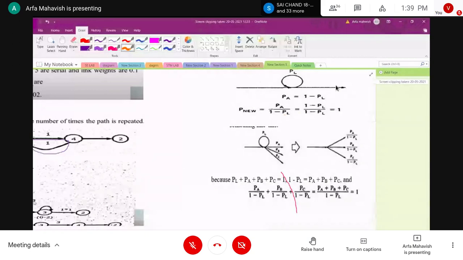So here PL is the probability of the loop, and PA is the link leaving the loop.